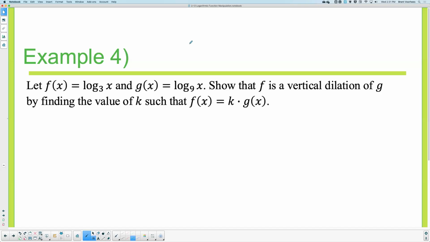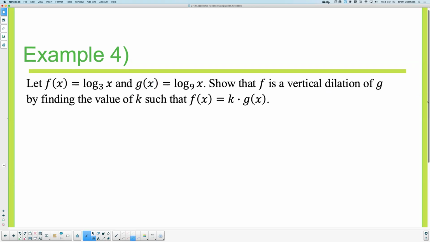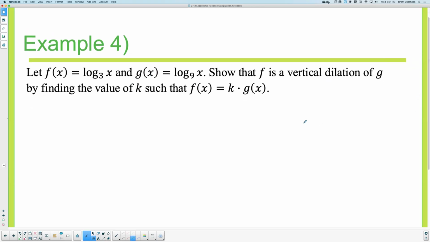All right, example 4. We're going to look at one more time. It says here, let f of x equal log base 3 of x and g of x equal log base 9 of x. Show that f is a vertical dilation of function g by finding the value of k so that f of x equals k times g of x. Okay, let me make sure you're following this. At the very end, we should have our answer in this form.